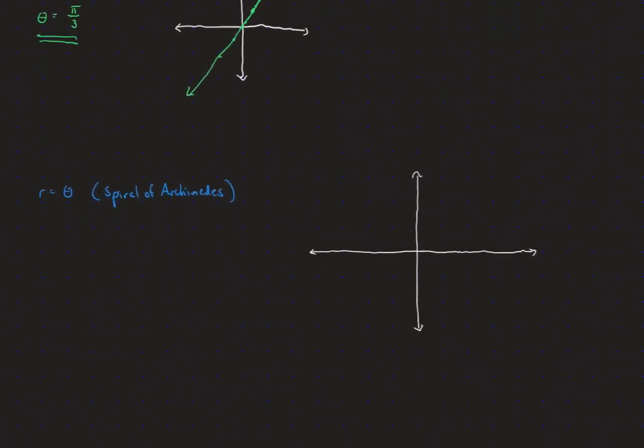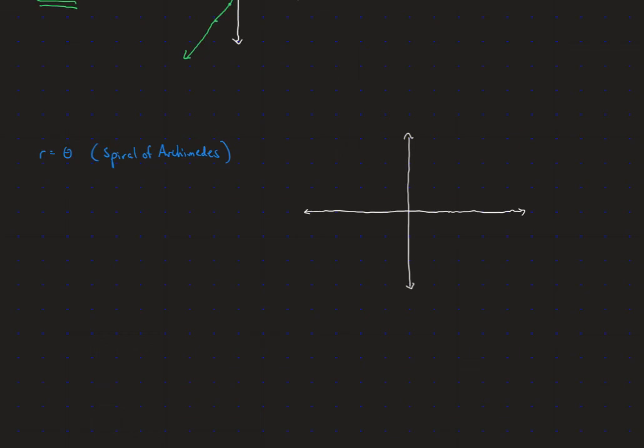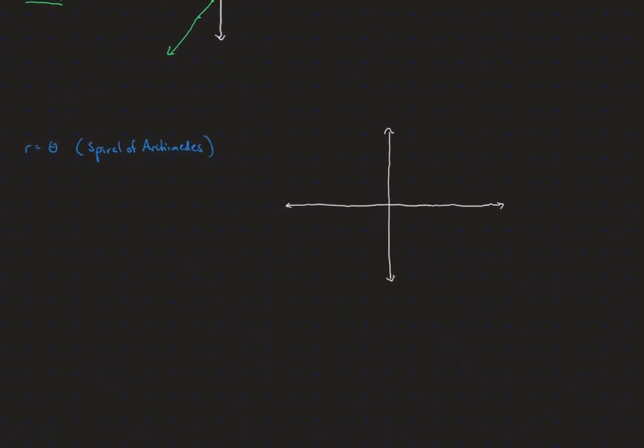Now this one's kind of crazy. This is kind of fun to do on our calculator, and when we're in class, we'll maybe do this one. It's kind of hard to do by hand, but if r is equal to theta, then imagine a table of values. I'm not going to plot all these points. When theta is angle 0, r is going to be 0 as well, because they're equal to each other.